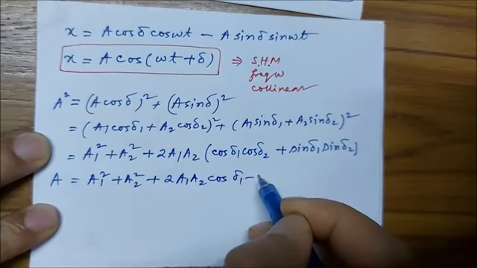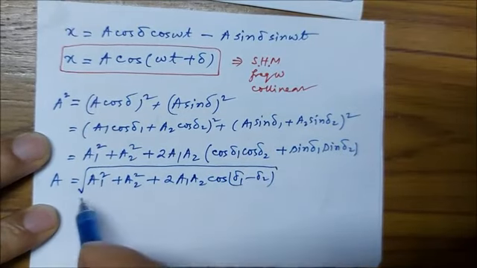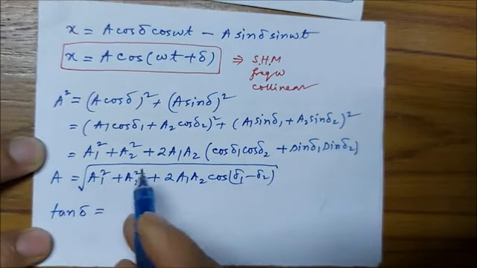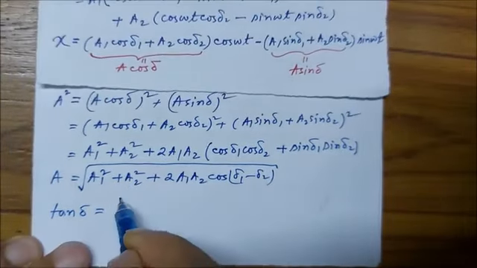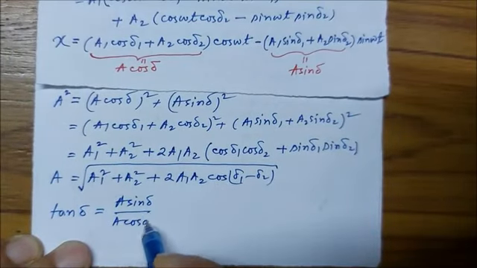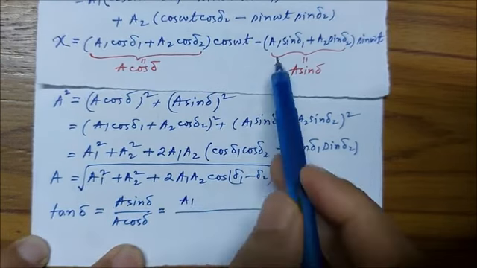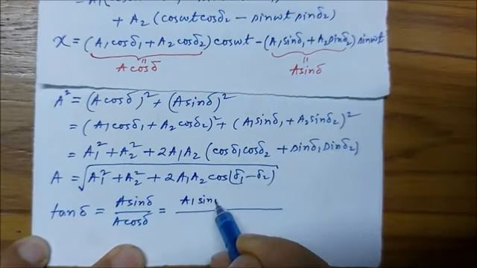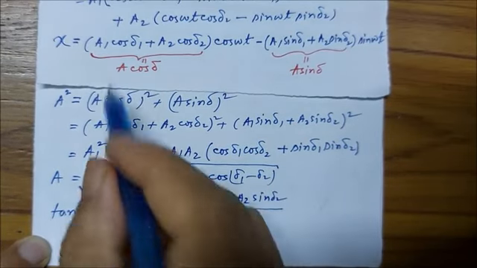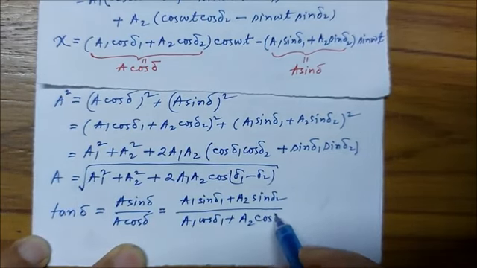And therefore A is under root of this quantity, and tan of delta is the ratio of A sin delta to A cos delta, which gives A1 sin delta 1 plus A2 sin delta 2 whole divided by A1 cos delta 1 plus A2 cos delta 2.